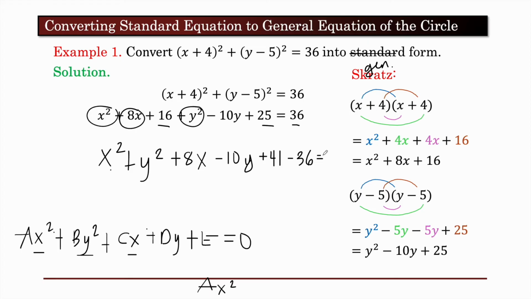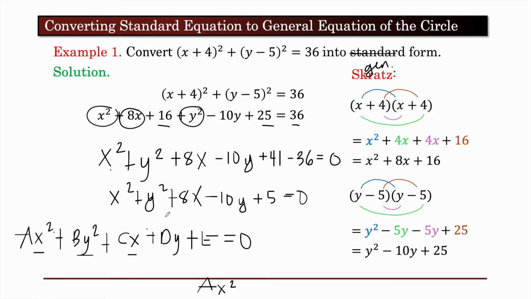And then nothing is left on the right. This is now 0. So let us rewrite the equation: x squared plus y squared plus 8x minus 10y, and then 41 minus 36 is 5.